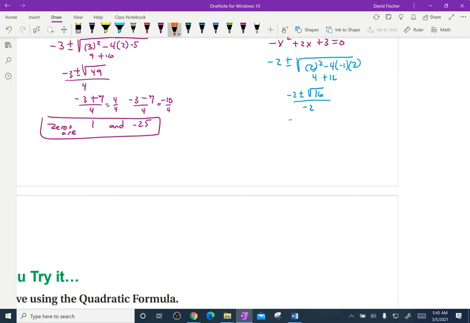So I write negative 2 plus 4 over negative 2, negative 2 minus 4 over negative 2. So negative 1 is going to be one of my zeros. And 3.